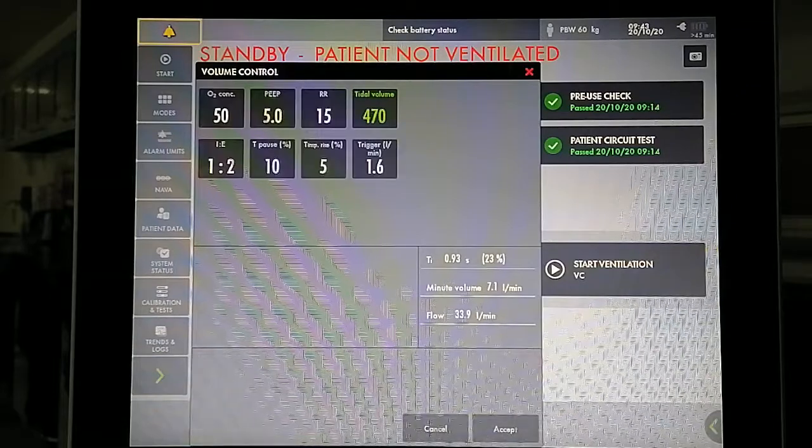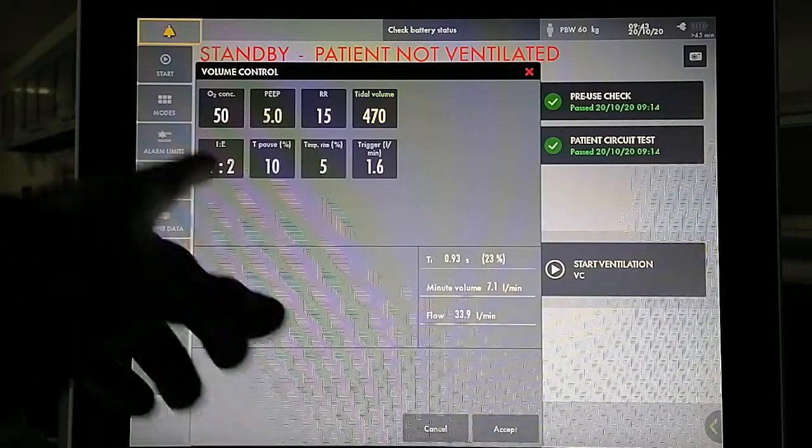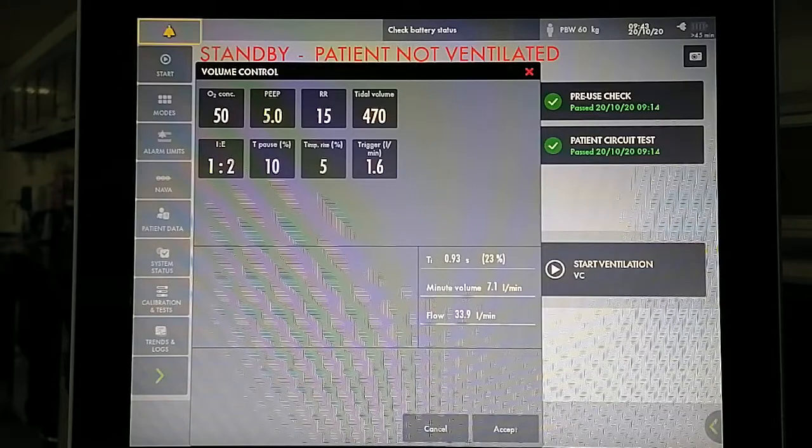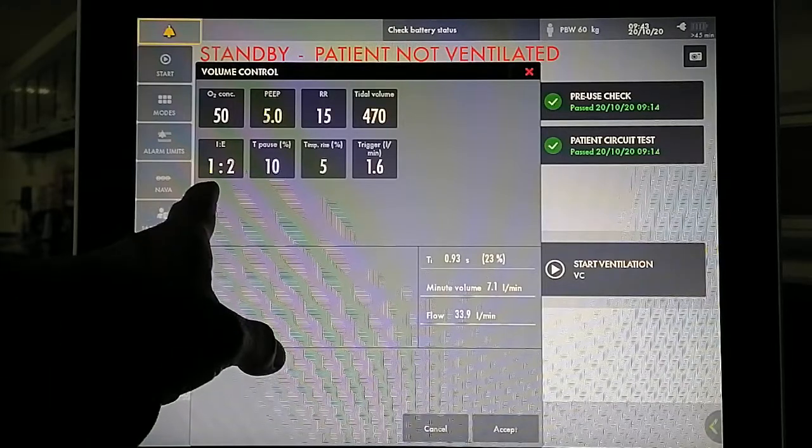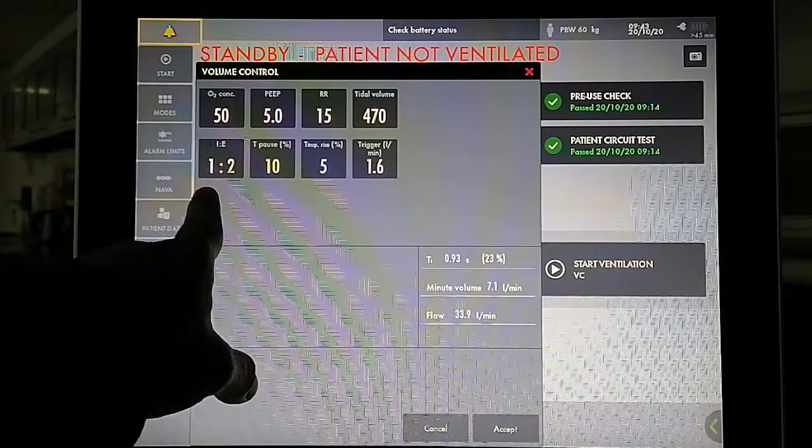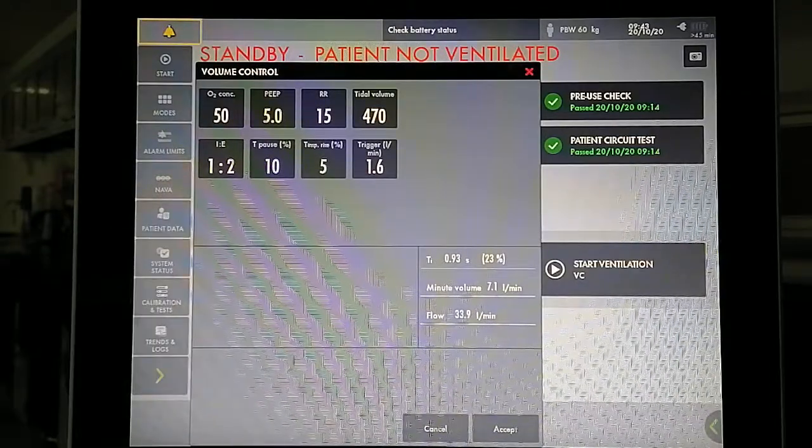Then for the most part, the oxygen concentration, PEEP, RR, and tidal volume are the parameters ordered by the physicians. The rest of the parameters that are manually set, we respiratory therapists could recommend or manipulate in order to provide better synchrony with the breath provided by the ventilator to the patient.